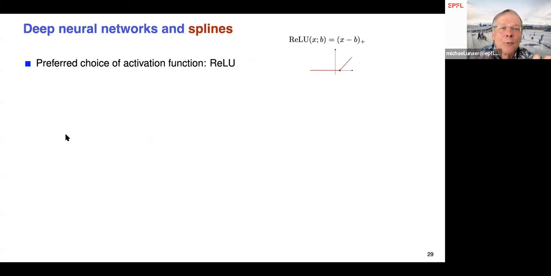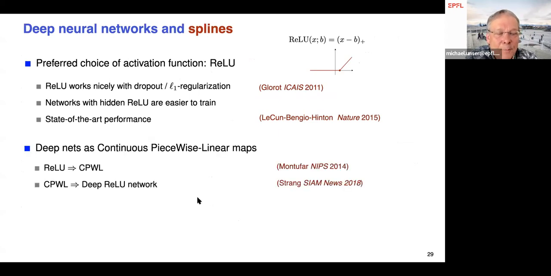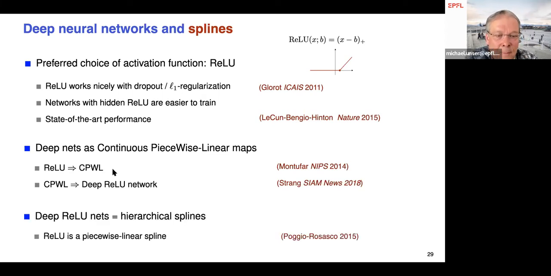So now some background. In neural networks, people like ReLU a lot. It arose sort of as a result of Darwinian evolution. It seems to work very well and often gives you state-of-the-art performance. But people also noted early on that if you put ReLU activations in the neural network, what you produce is a continuous piecewise linear map, exactly like what I was discussing with the representer theorem.